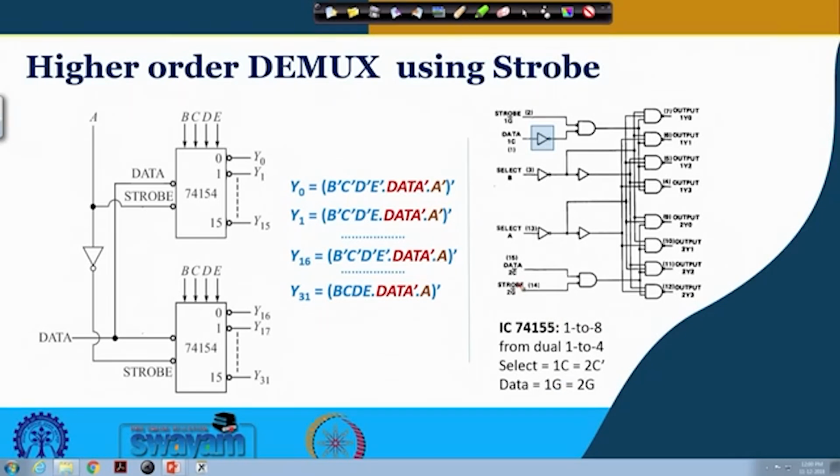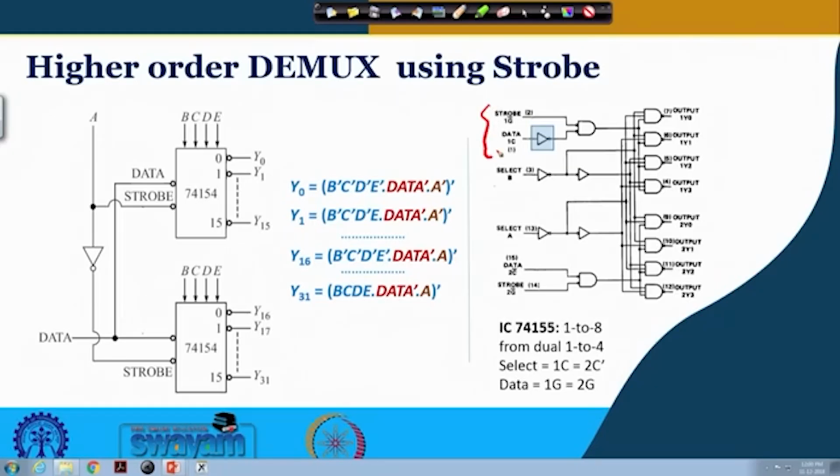Okay. Now we look at the other example. So in this particular case IC 74155 is seen. So IC 74155 we had seen before. In this we had noted that the strobe and data input are going to the same circuit over here. Okay.